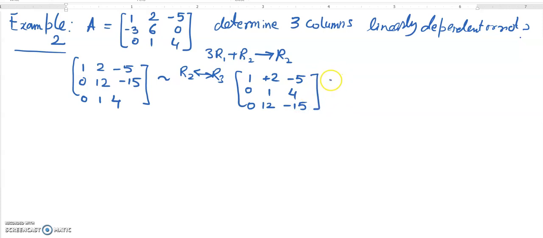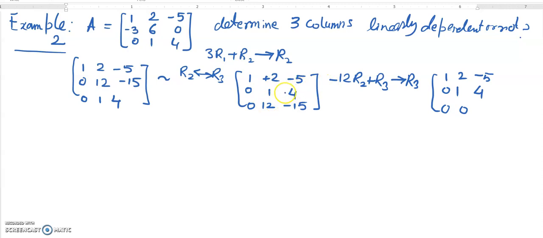Now I apply a row operation: minus 12 row 2 plus row 3, that will be row 3. So I get 1 2 minus 5, and I get 0 1 4, and then I get 0 0 minus 12, and then minus 48.